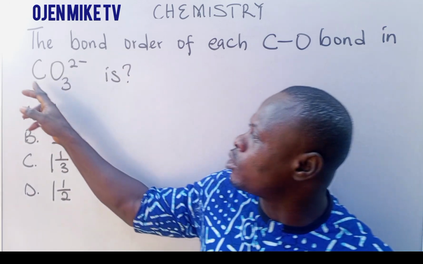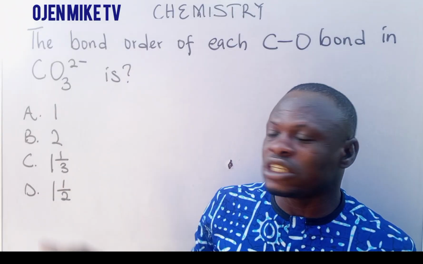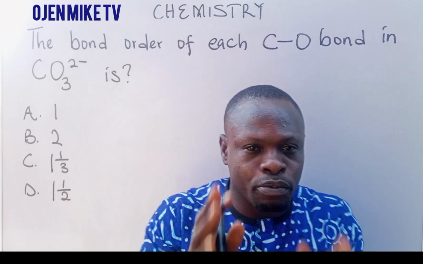Now we are going to look at bond order in a polyatomic ion. For you to be able to calculate the bond order in this polyatomic ion, I'll give you a simple formula you can use.